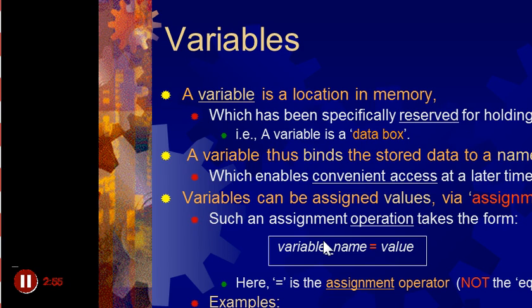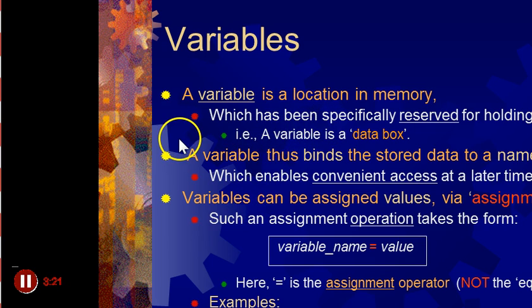Seems like an unnecessary way to say it, but we could say it, which enables convenient access at a later time. So once we bind it to X, then we can refer to X instead of having to find out where X was in memory and access that particular space in memory. We can just use the name X, okay, at a later time.